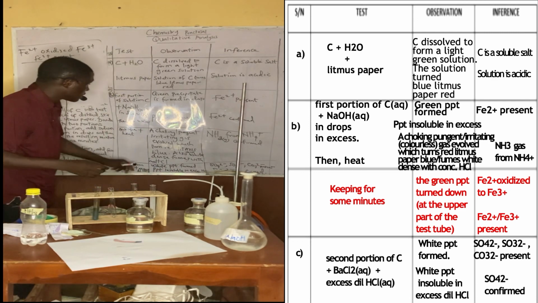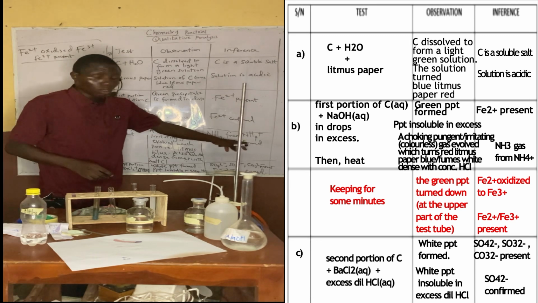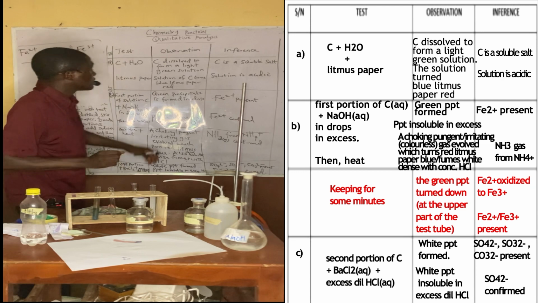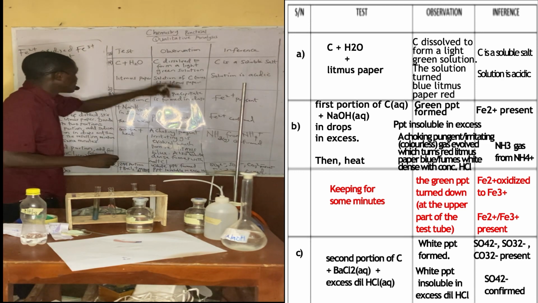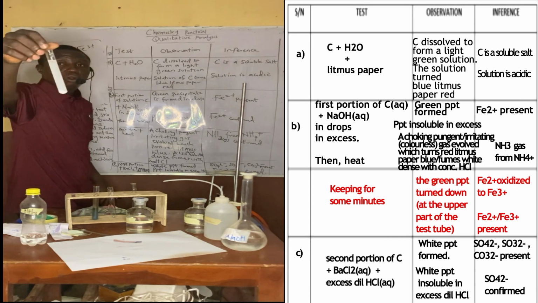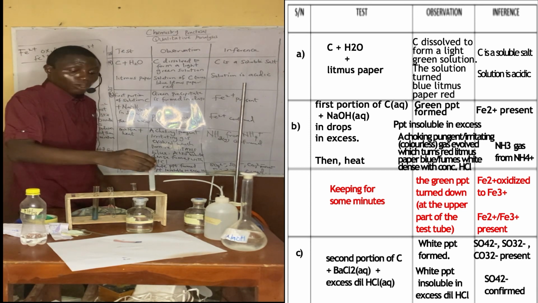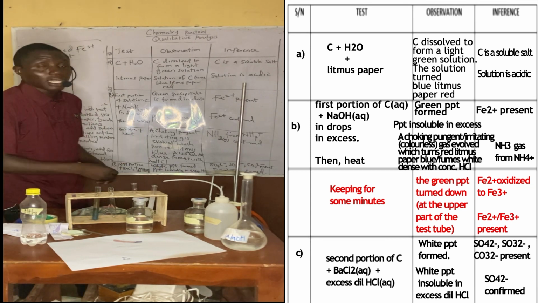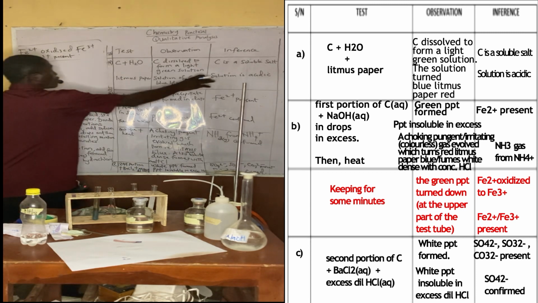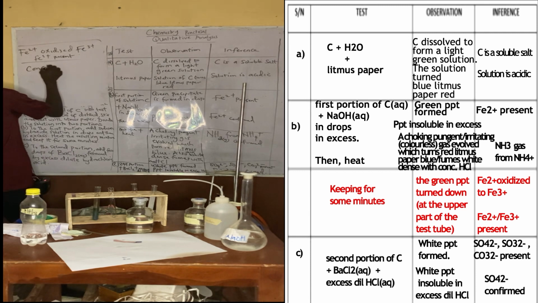So that indicates that ammonia gas from ammonium ion is confirmed. We also have the test that the solution is acidic. Now, the second portion will give us SO4 2-. When you add barium chloride and excess HCl, we have SO4 2-.